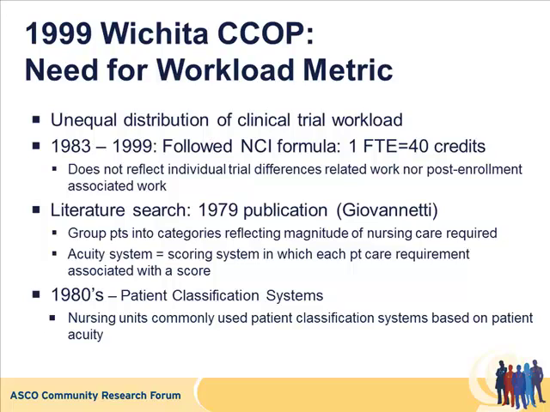And back then, and still even somewhat now, although this is not really formally documented anywhere, and even in the NCI I have not found that, back then it was kind of, 1 FTE was equal to 40 credits or 40 enrollments, and that's how most sites were funded for staffing. But that didn't really reflect the individual trial differences related to how difficult trials were.